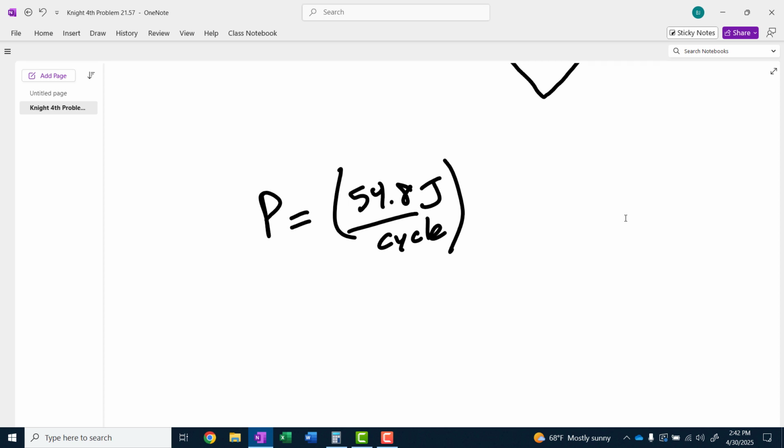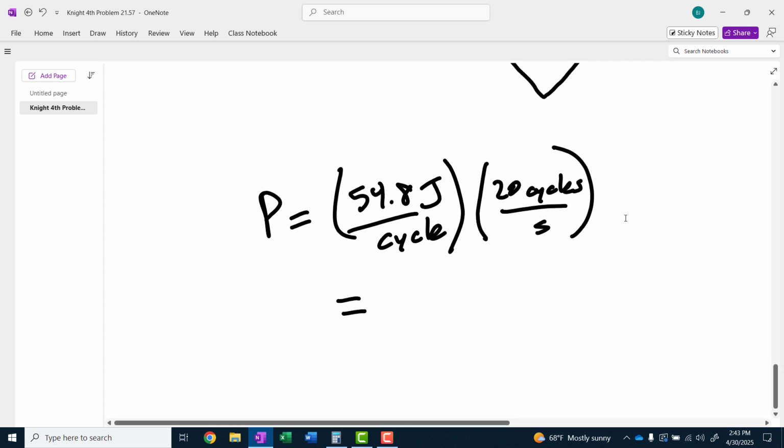A lot of motors, the cylinders or the pistons, they're going up and down like hundreds of times per second. You can find videos on YouTube where they cut away an engine, put some kind of thick plastic over it, and you can actually watch the fuel exploding and watch the pistons go up and down in slow-mo. It's quite remarkable devices. And there are 20 cycles per second. And notice how cycles cancel and we come out with joules per second, which is wattage.